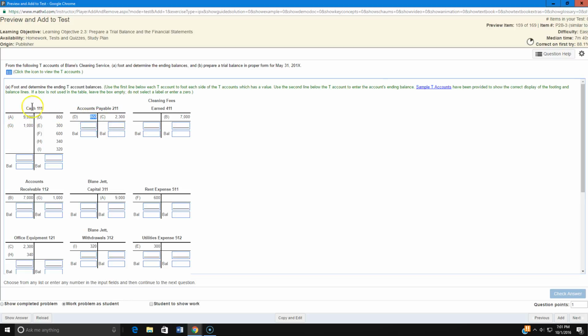So when you're on the left side with the assets, the debit and credit means plus and minus. When you're in the liability accounts, the opposite is true. Credit to add, debit to reduce. So that applies to assets, liabilities, and capital.